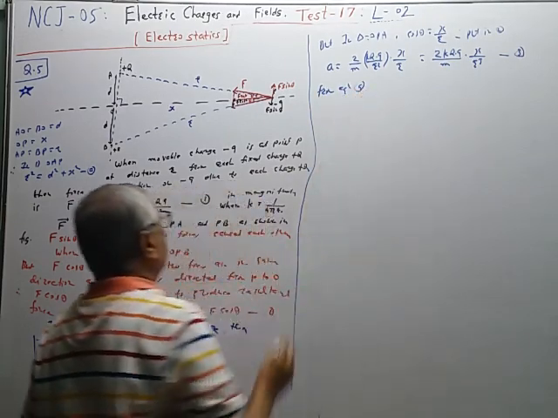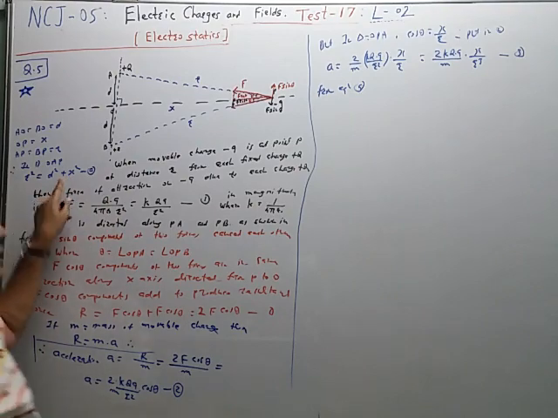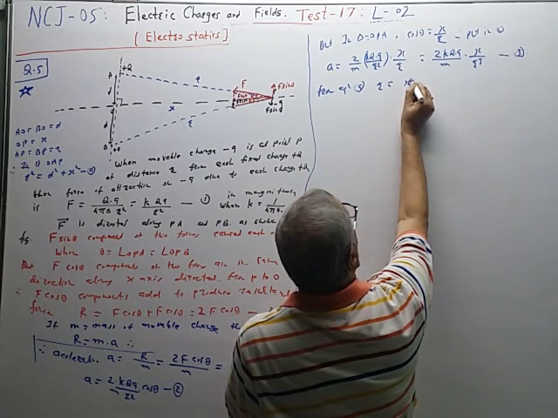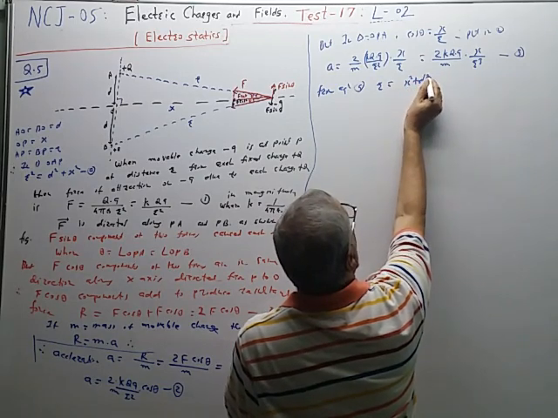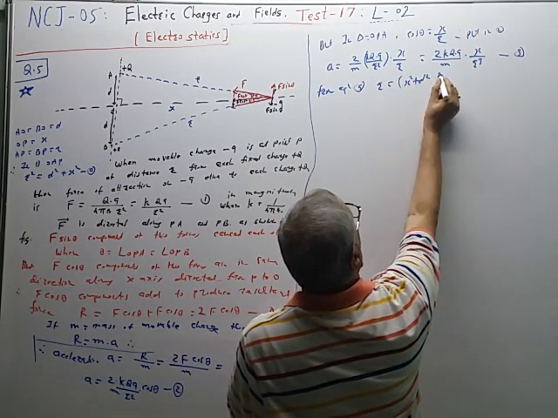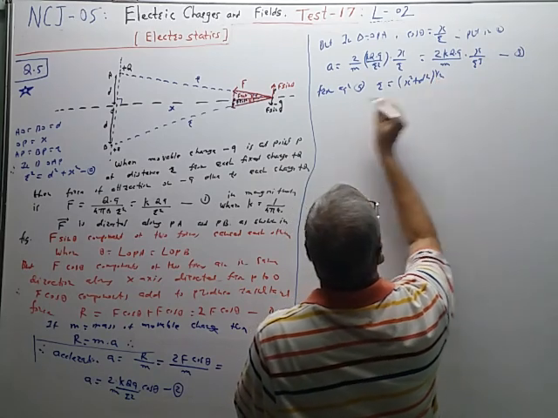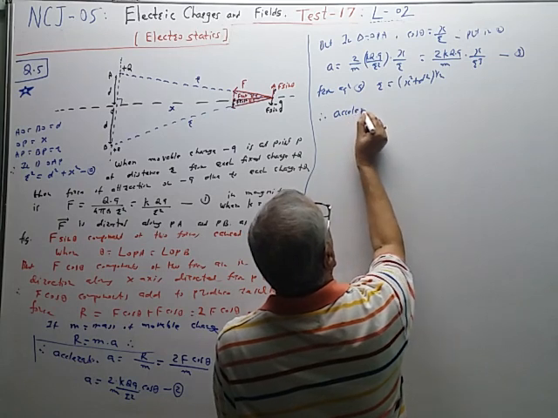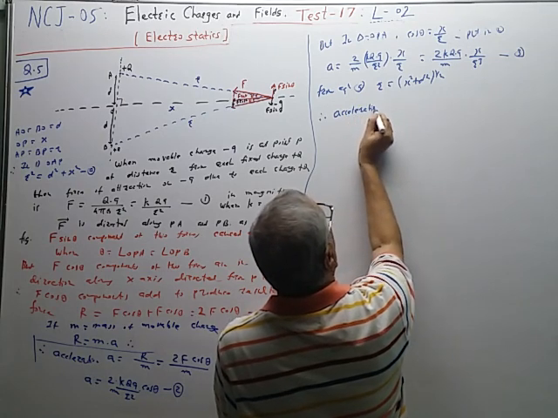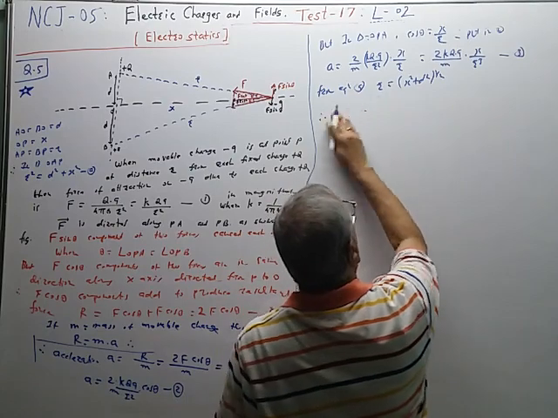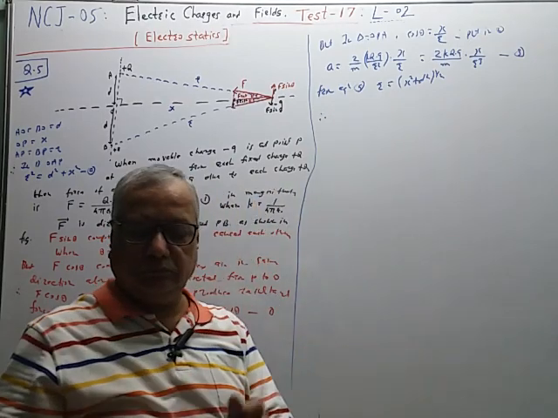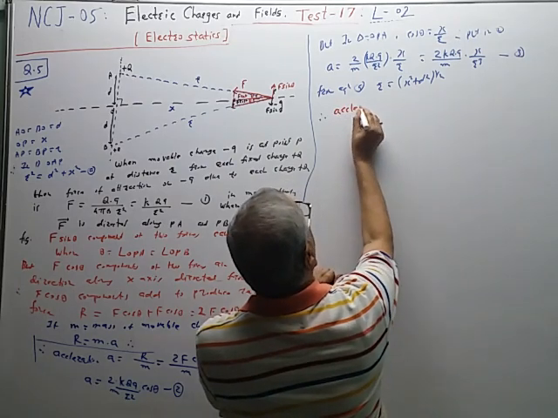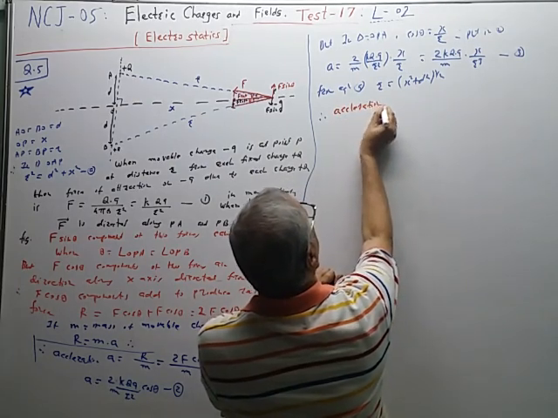From equation A, R is equal to x square plus d square raised to 1 half. Therefore, acceleration A. Therefore, आपल्याला ॲक्सलरेशनचा ग्राफ काढायचा आहे, त्यासाठी आपल्याला इक्वेशन माहिती पाहिजे.